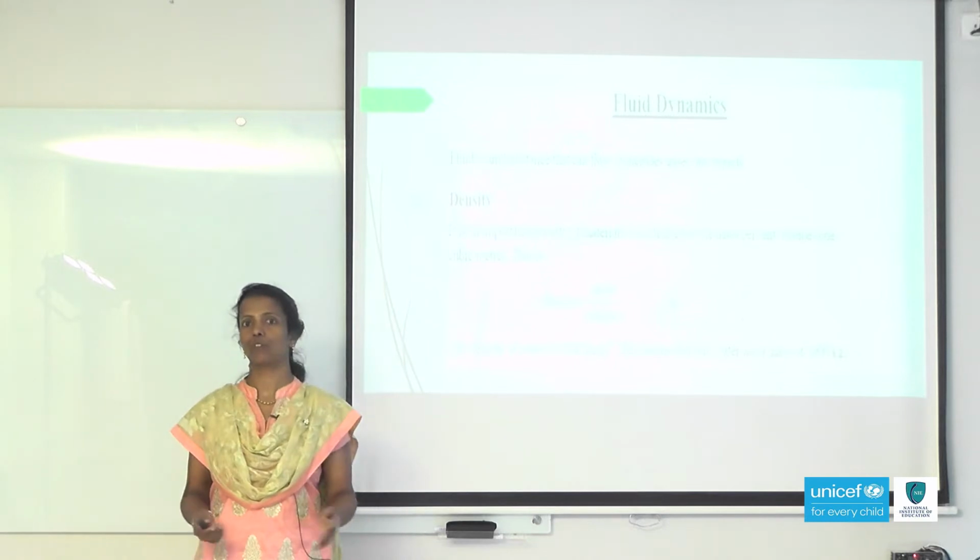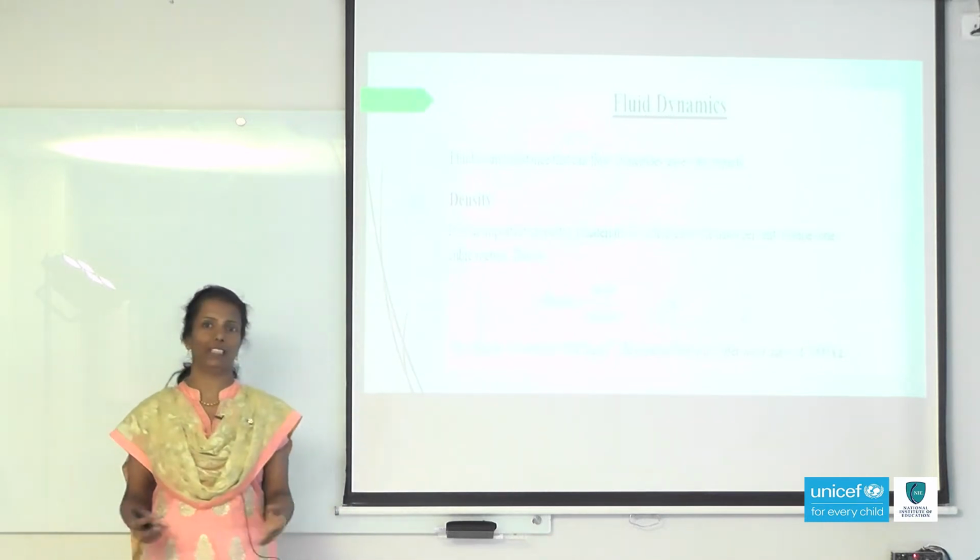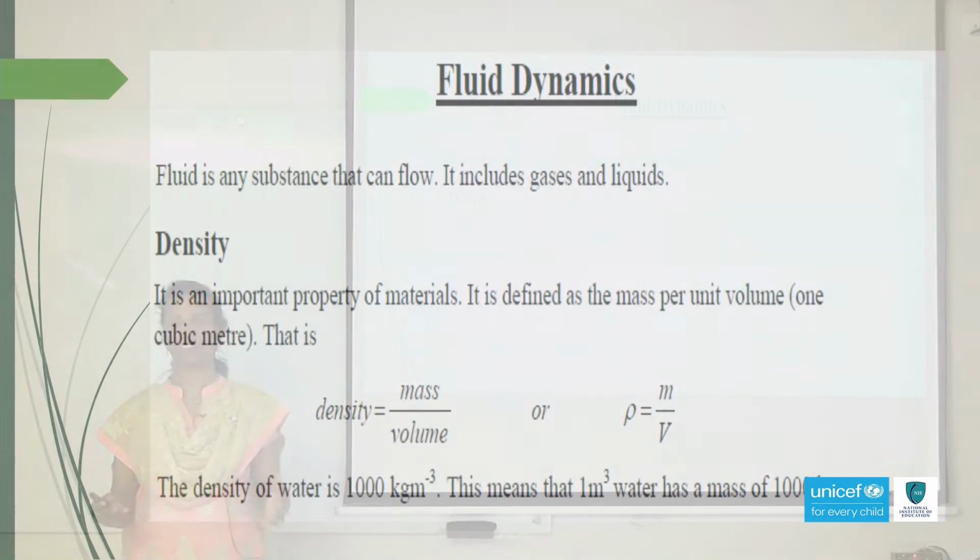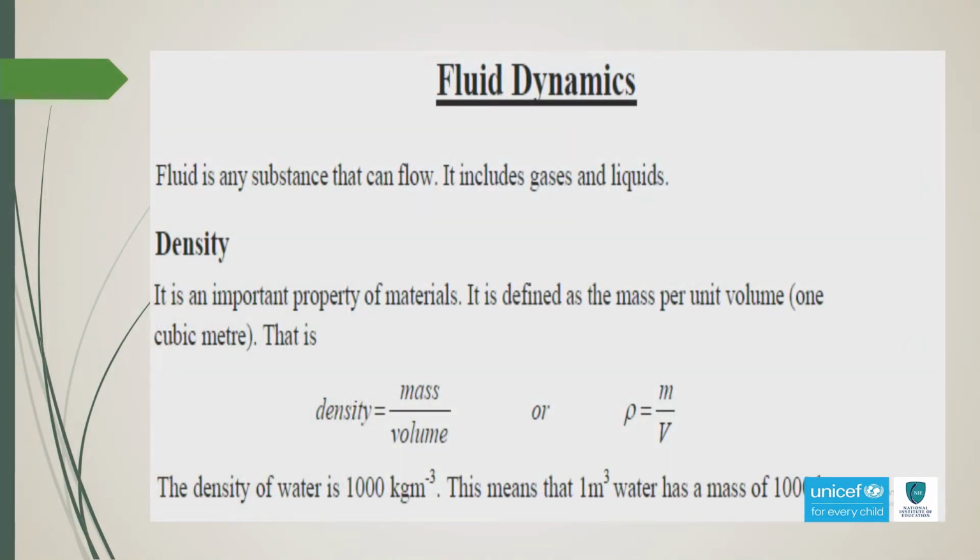So to start with fluid dynamics, what are fluids? Fluids are substances that can easily flow. As you all know, fluids include both gases and liquids, because they can easily flow and take the shape of the container where they are enclosed.